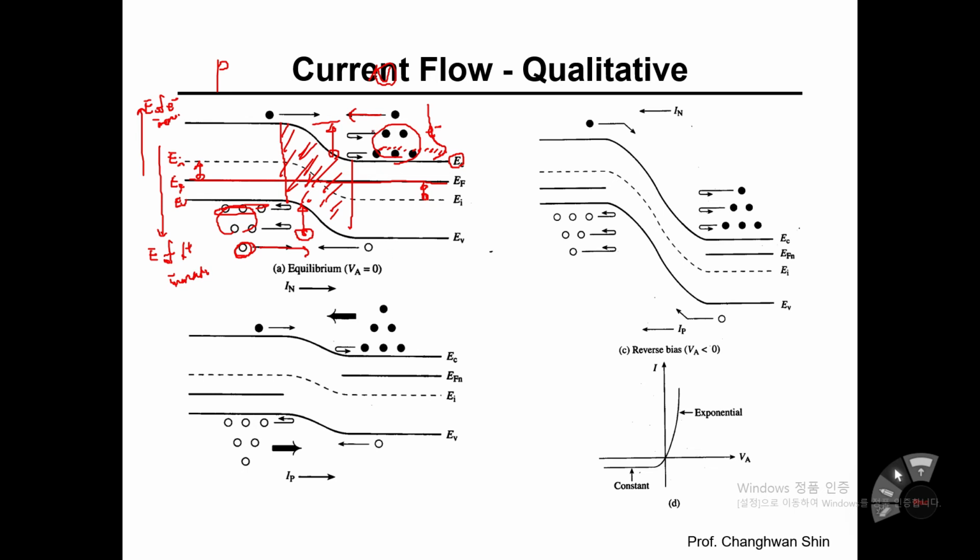But previously I mentioned that a very small number of electrons and holes would move onto the other side. That means one current would be formed by holes, and another current would be formed by electrons. So this current should be cancelled out by the opposite movement of electrons and holes.